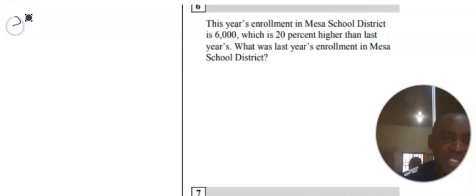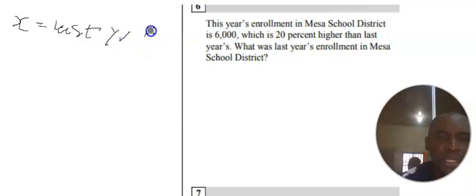Now it means therefore that it is 120%, because it's 20% higher.